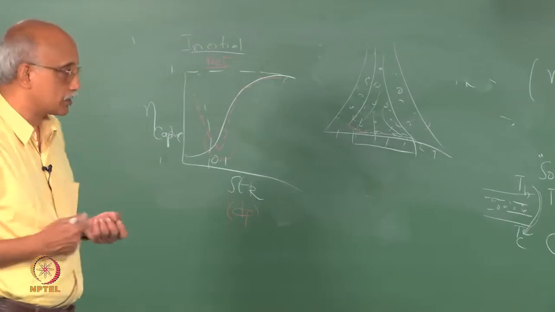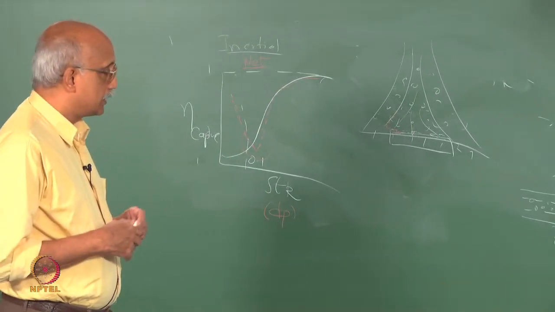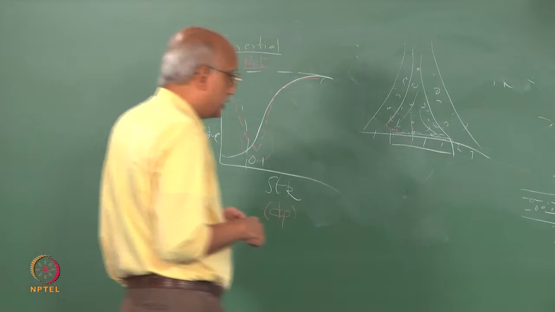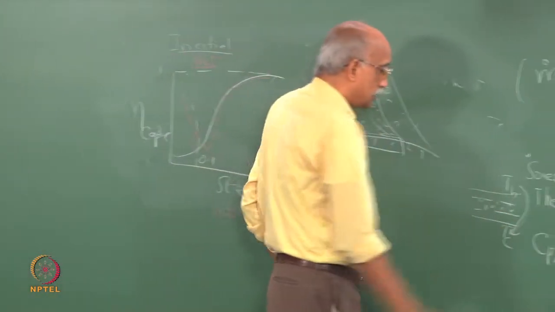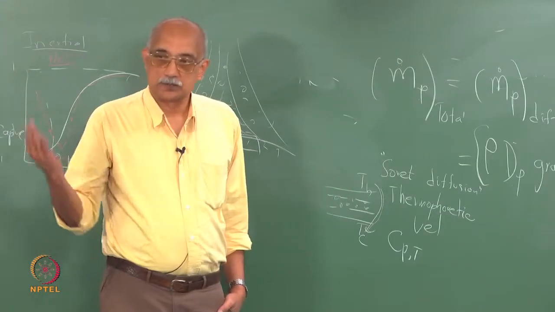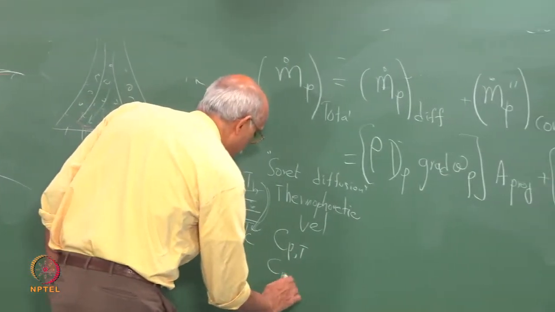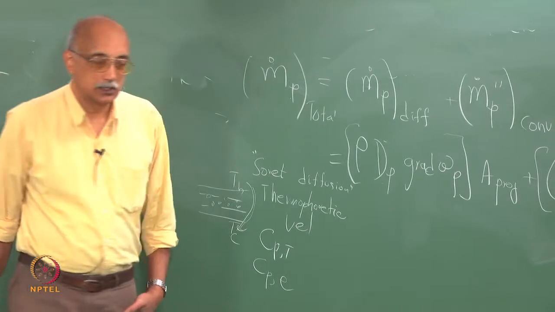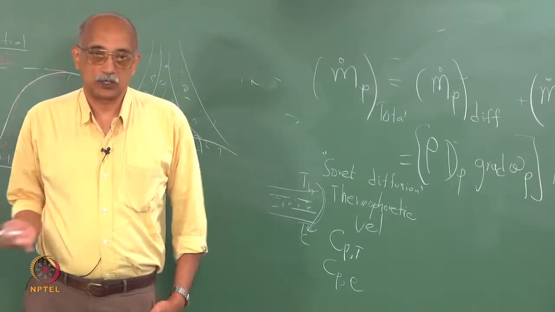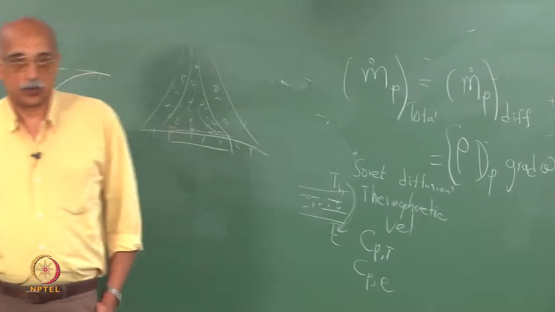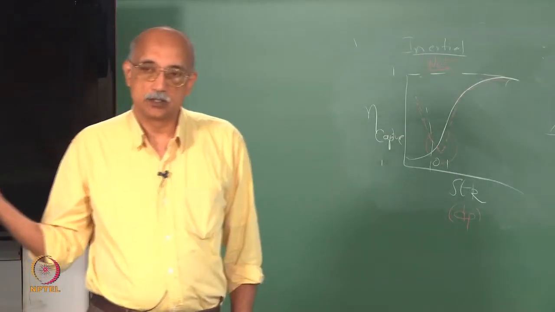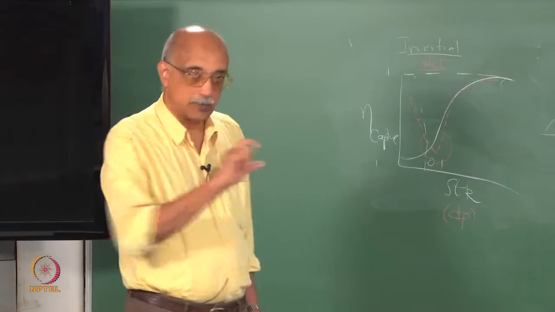In the case where this field is electric, if there is an electric gradient, a charge gradient, then the corresponding velocity will be some Cpe, known as the electrophoretic velocity. So, it is a phoretic velocity that is induced by a gradient in the electric field that is applied on top of this flow field.